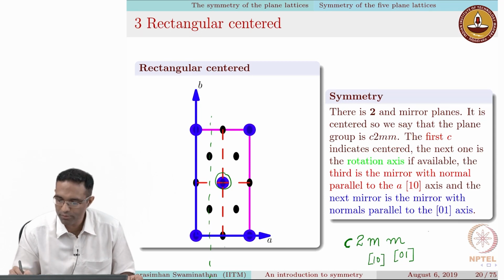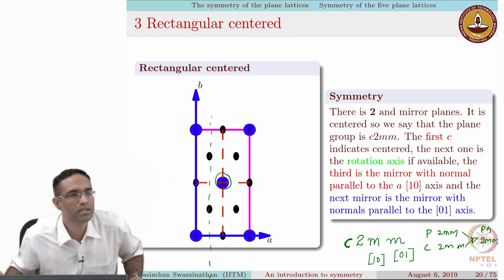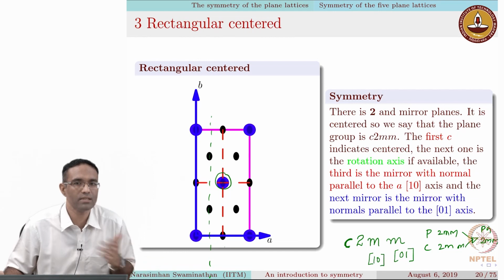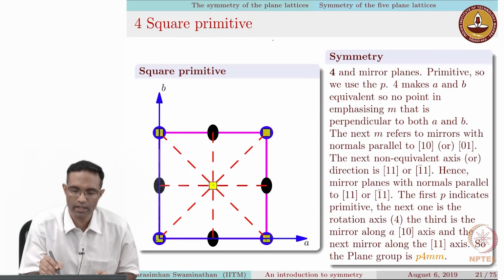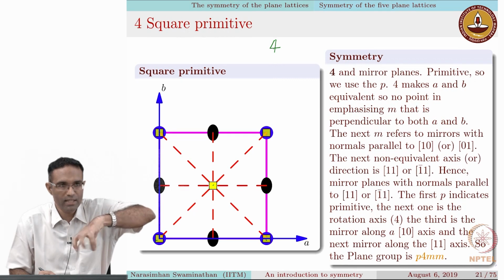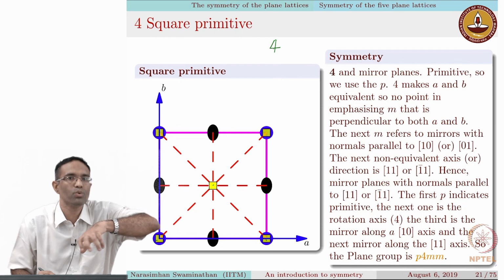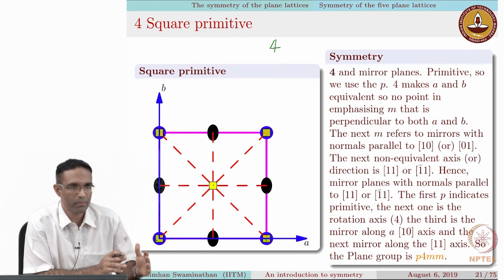The point group of P2mm and C2mm is, what is it? 2mm. You just remove the symbols which correspond to translation operations, right? What you will be able to identify obviously is the 4. That means if you rotate it by 90 degrees, these lattice points coincide with each other, and the lattice is indistinguishable from what you started with.